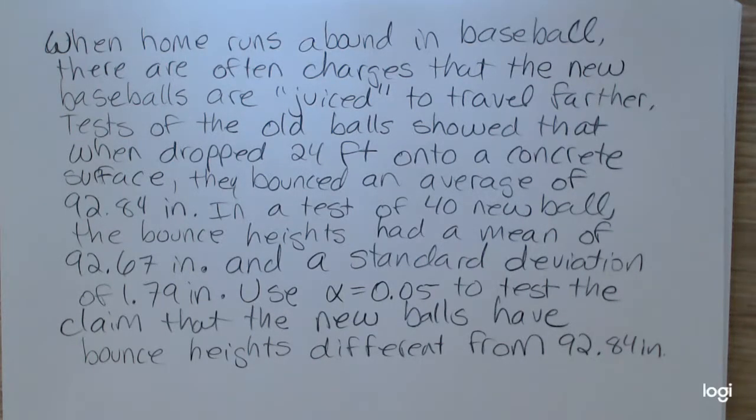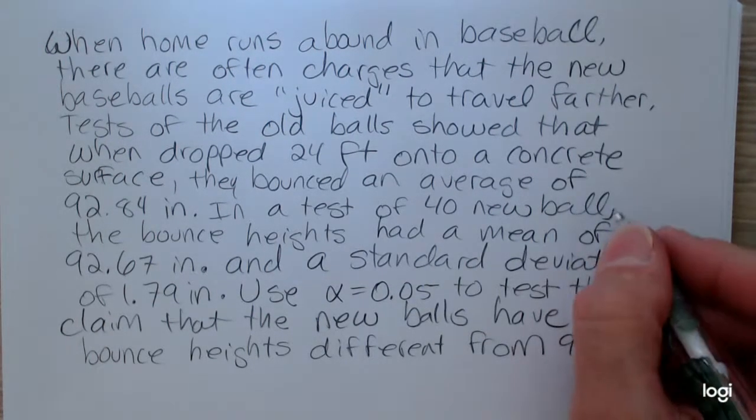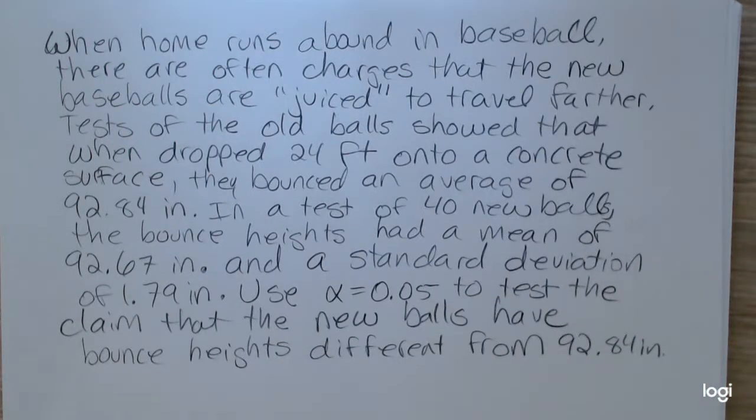Tests of the old balls show that when dropped 24 feet onto a concrete surface, they bounced an average of 92.84 inches. In a test of 40 new balls, that should be plural, the bounce heights had a mean of 92.64 inches and a standard deviation of 1.79 inches.